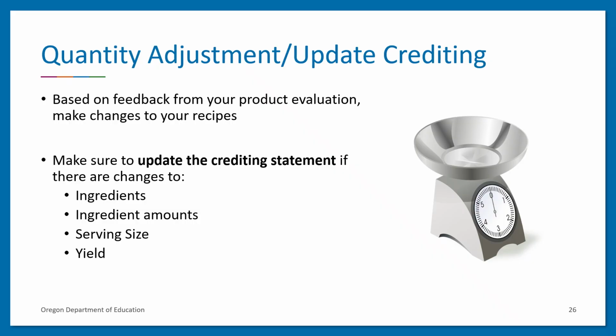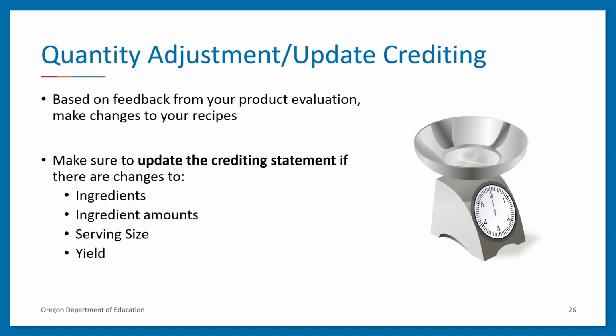This brings us to our next step, which is quantity adjustment and update crediting. In some cases, your recipe comes out perfectly and no edits need to be made, in which case this step can be skipped. But most of the time, product evaluations will show that some changes need to be made.